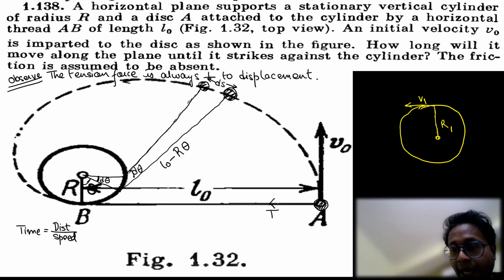Now I make a 90 degree angle with radius 1 and make it radius 2. Velocity is always perpendicular to radius, and this is v2. So if the angle between r1 and r2 is 90 degrees, can I also say the angle between v1 and v2 is 90 degrees? Of course.